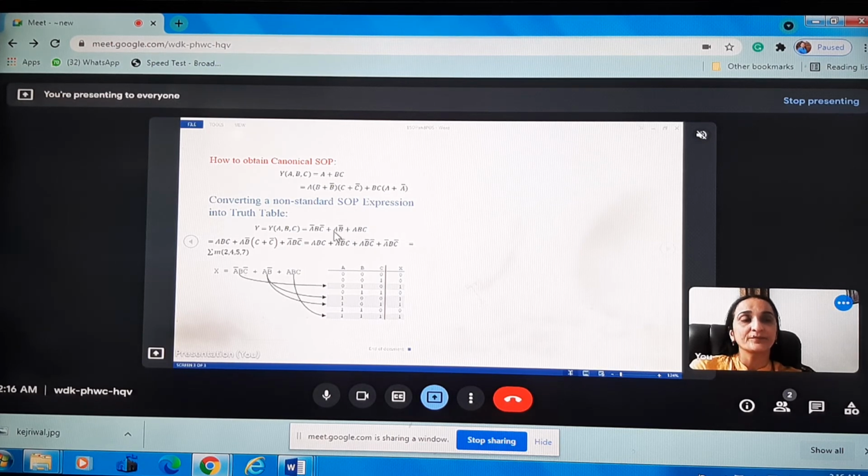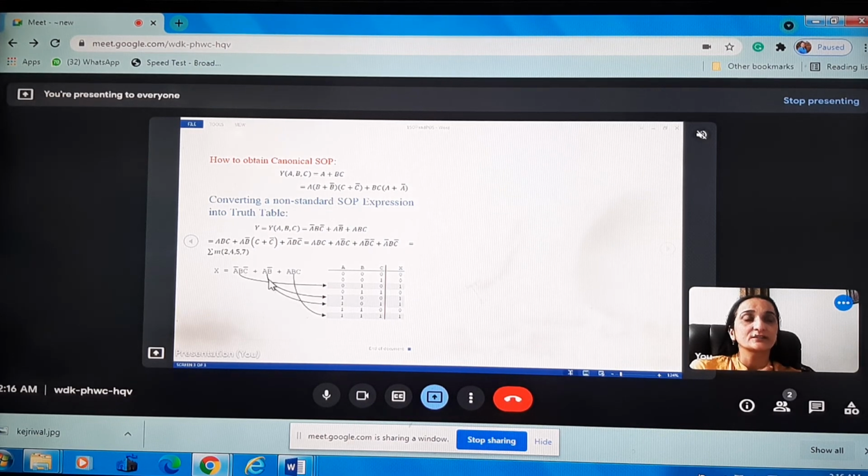This term has a missing variable C, which can be either in complemented or uncomplemented form. So we can convert it in the same way into canonical form. Multiply A B bar by C plus C bar, and you will get these 4 terms. You will get output equal to 1 for 4 rows.